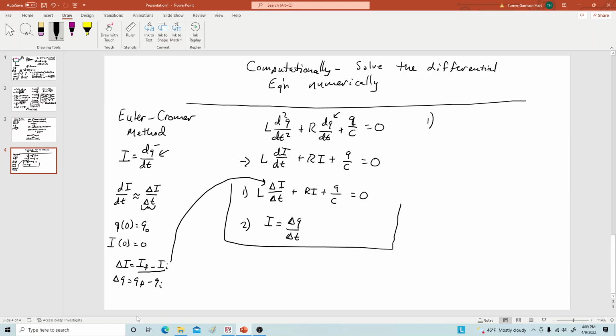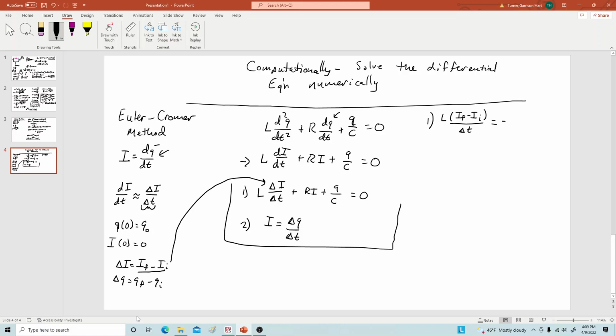So let's look at equation 1. And so I've got L times IF minus I initial divided by delta T. And I'm going to move this quantity to the other side.